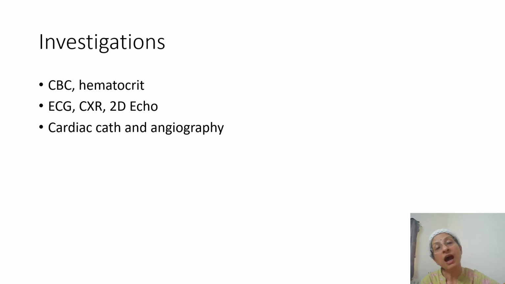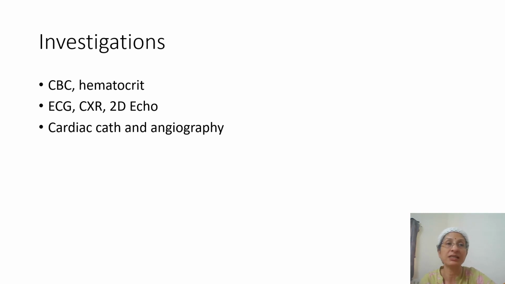So how do we investigate these children with cyanotic congenital heart diseases? We must do the CBC, hematocrit, and look at the RBC indices, as I told you. Then basic investigations may vary as per the presentation of the child.